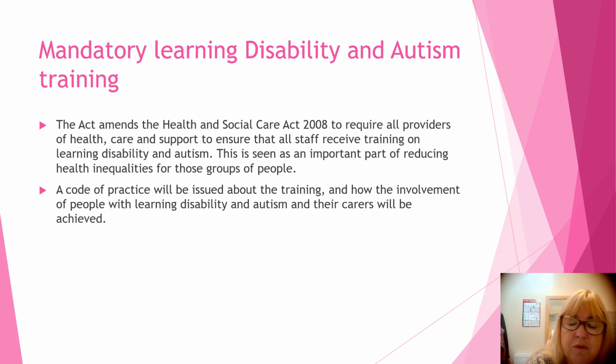But if you're working in England and you're working in a care home and they haven't provided it, it's something that can be asked for, saying it's actually legislation now that it must be part of the mandatory training. And I guess it would be something that CQC, when they come and do their reviews, would be looking for to see it's been done.